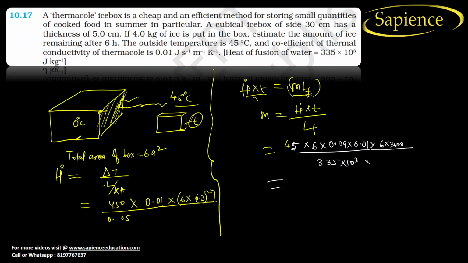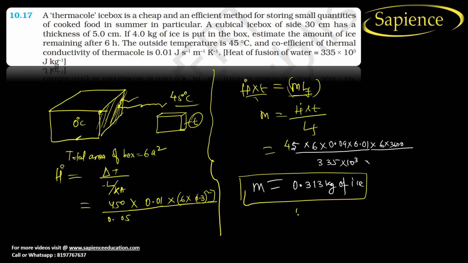All units are standard. So when we put it in and find the amount of mass of ice melted in 6 hours, it is 0.313 kg of the ice. I hope you have understood this.